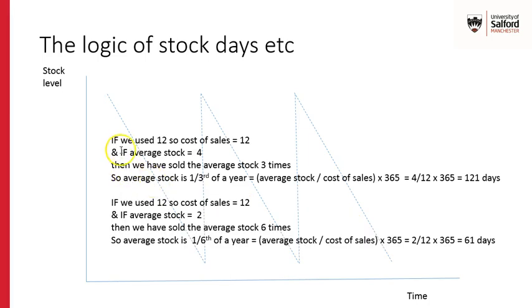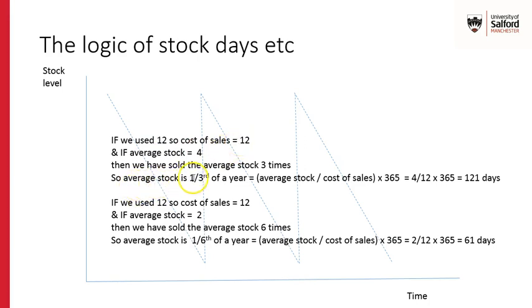So just to put a few numbers to this, if we used 12 items, whatever, so our cost of sales equals 12. If the average stock is 4, then we've sold our average stock 3 times. We measure things in pounds rather than physical items, which is again an approximation. So we've got an average stock of 4. We've used up 12 as our cost of sales.